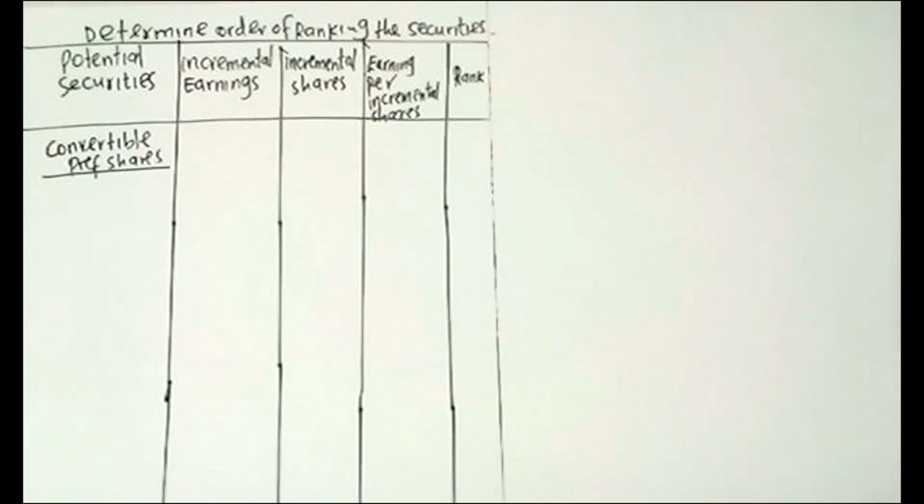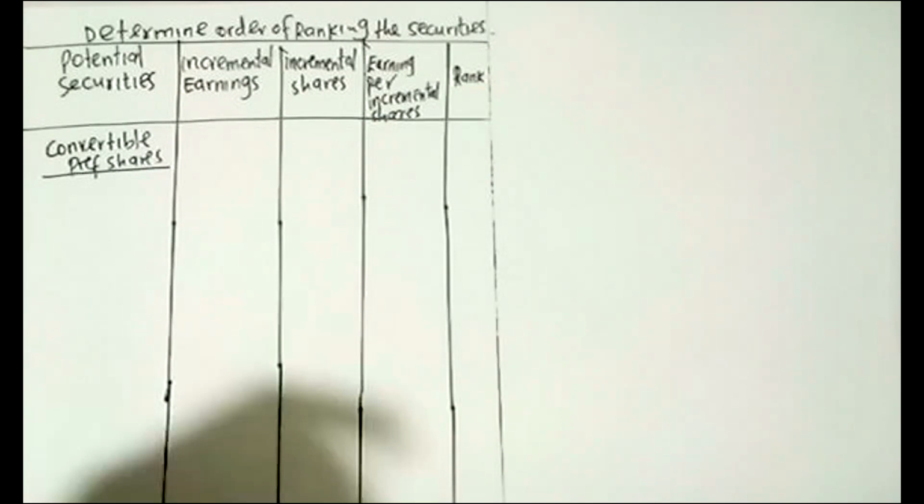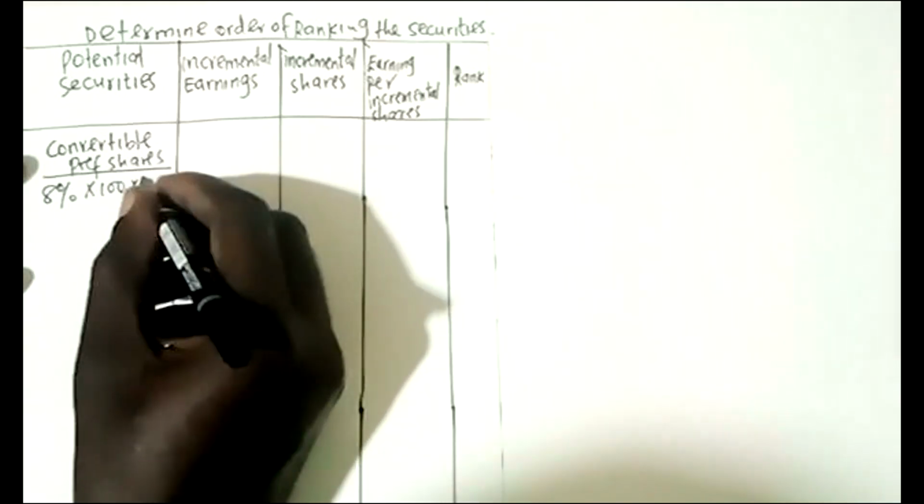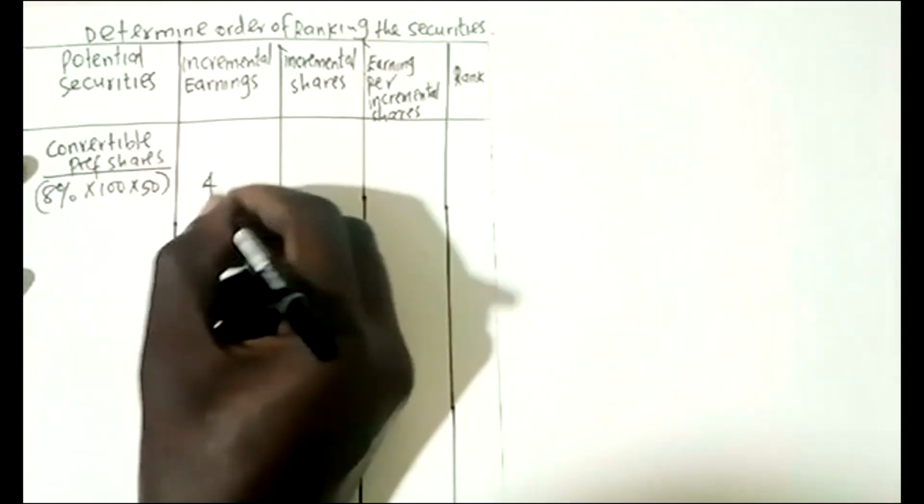They never paid those dividends. That is a saving they made. There's an incremental earning, which would be based on 8% over 100 times shillings 50. So that is 400.